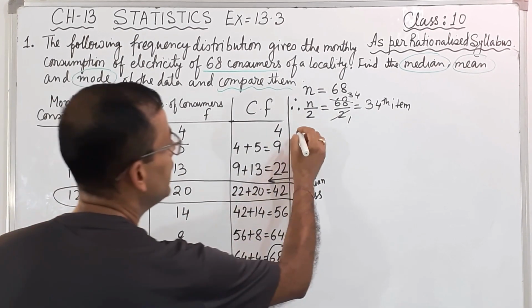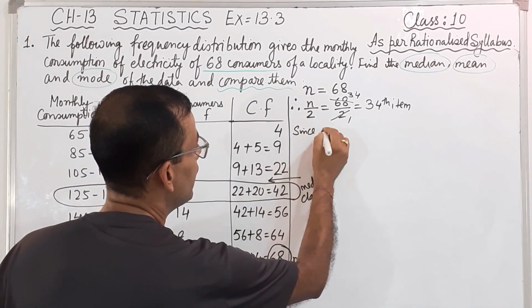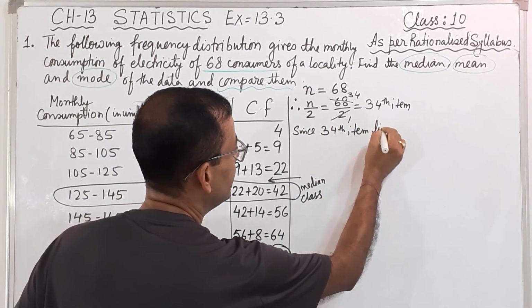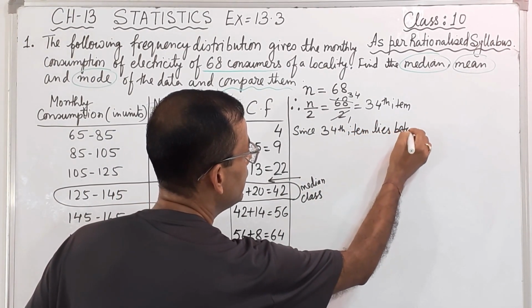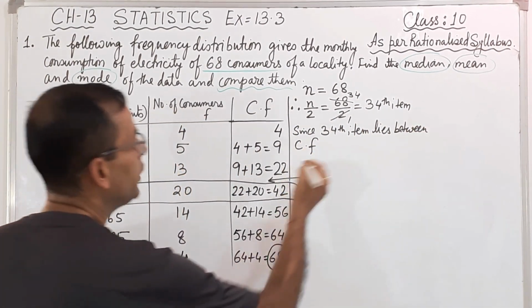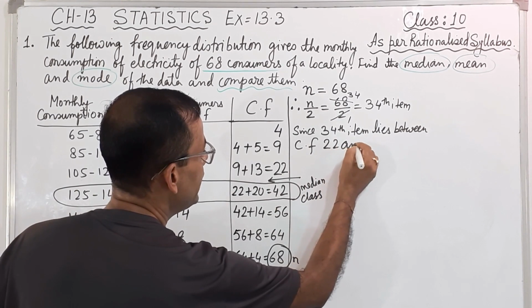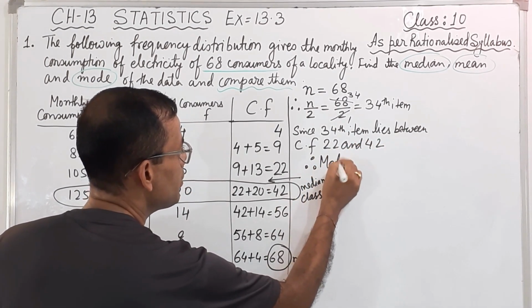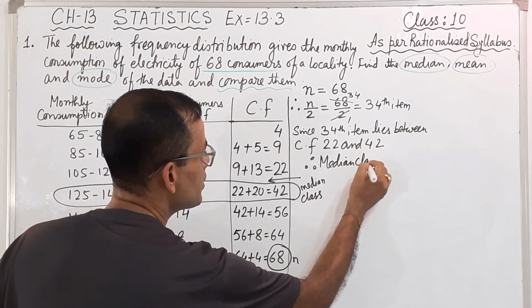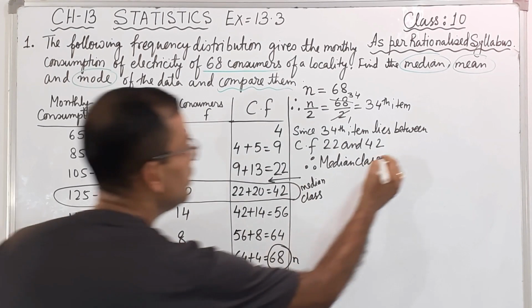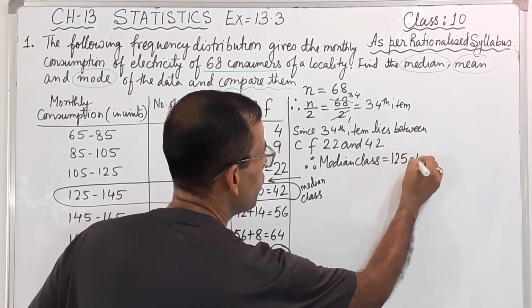Now what will we write? Since the 34th item lies between cumulative frequency CF, okay, 22 and 42, therefore the median class will be this one, 125 dash 145.